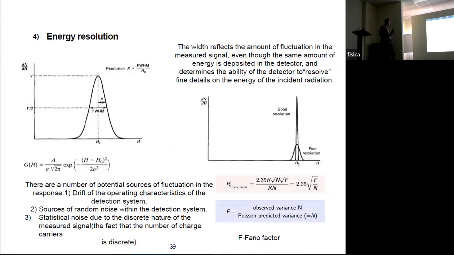I hope that many of you know what the Gaussian distribution is. Yeah, I hope so. And this picture, for many of you who are familiar, is a normal distribution, or let's say Gaussian distribution.